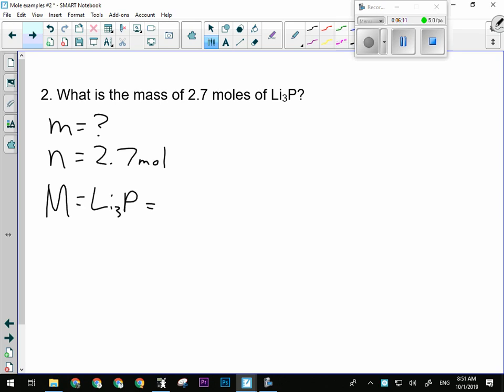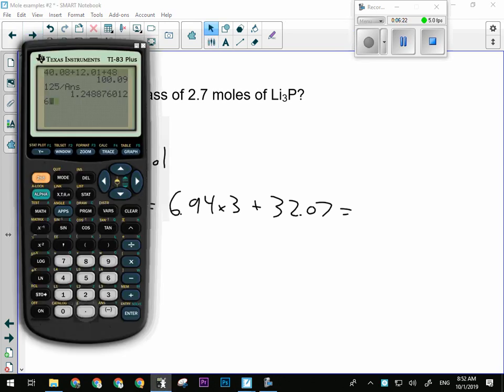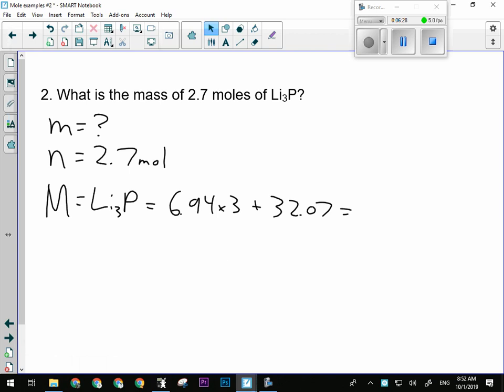So that's going to be 6.94 times 3 plus 32.07. All right, so we're looking at 52.89 grams per mole for our molar mass.